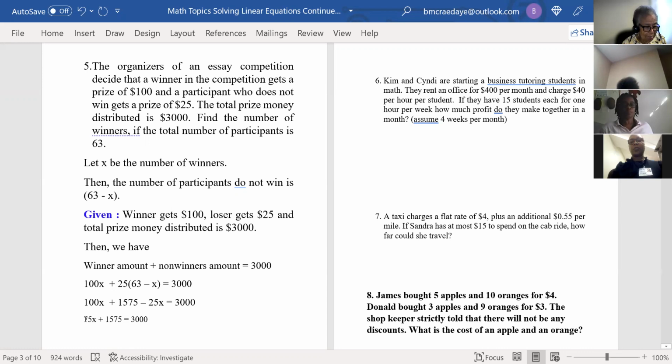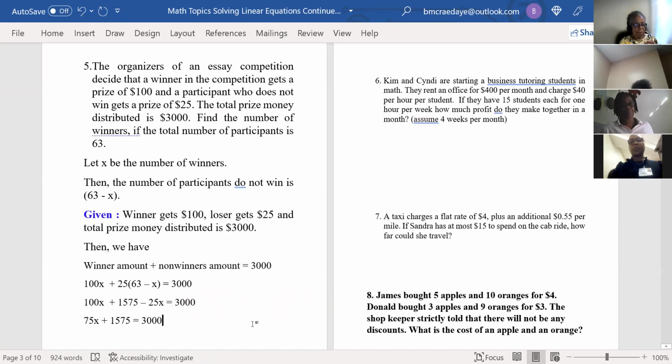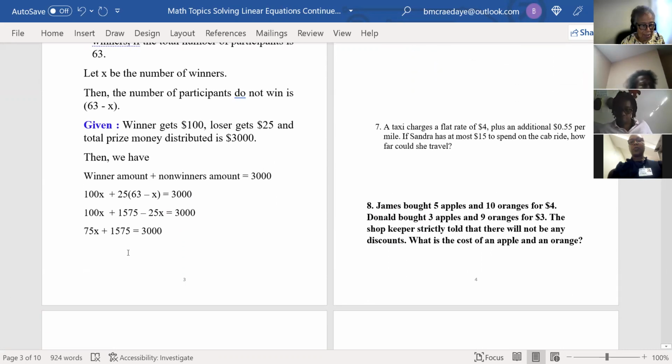Okay. What's the next step, Maureen? Divide both sides, right? There's something you've got to do before that. Remember, you've got these constants you've got to get together. So you subtract what? Not 75X, that's not a constant.